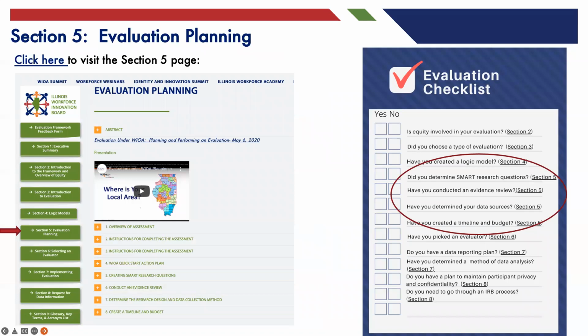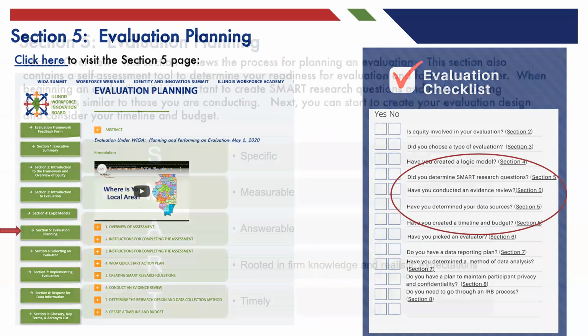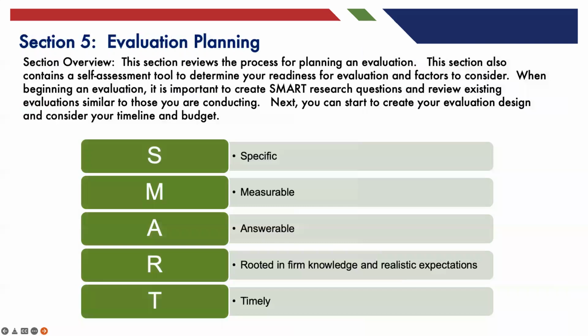So here we're looking at what steps need to happen in the planning. We've gotten through the first part, now we're talking about planning. In the beginning, you're going to talk about SMART goals: specific, measurable, answerable, realistic, and timely. So we're looking at the goals and how to set those.